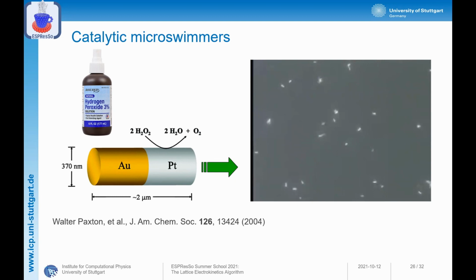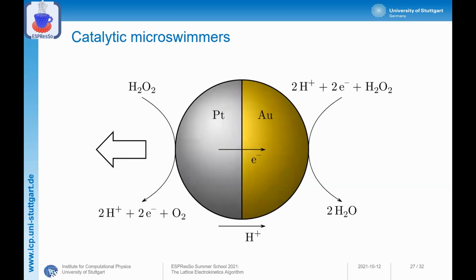And in this case here, the mechanic underlying this movement is due to chemical reactions and an asymmetry of the particles. Active matter will also be taught, I think, on Thursday in a more detailed view, but not on these catalytic microswimmers. So how do they work?